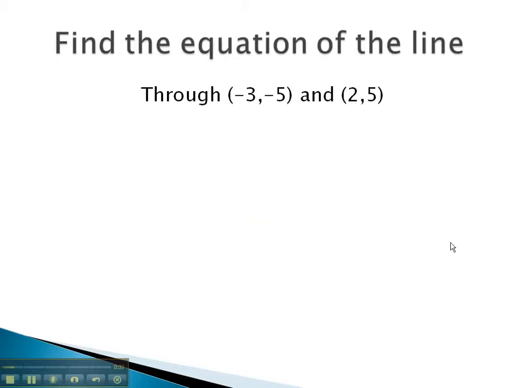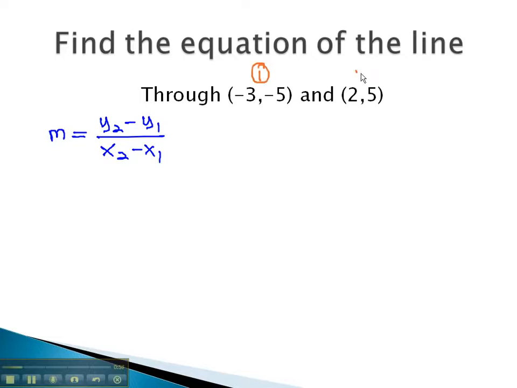So if we want to find the equation of the line through the points (-3, -5) and (2, 5), we must first identify the slope, as it is always needed to find the equation of any line. Slope is y2 minus y1 over x2 minus x1.